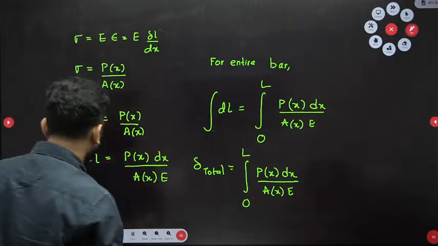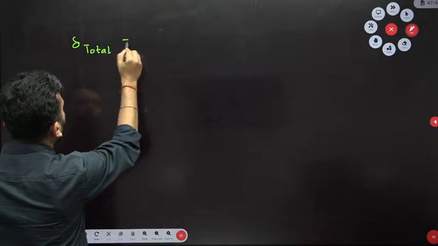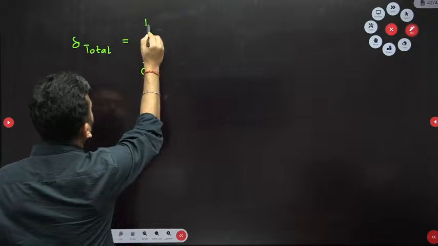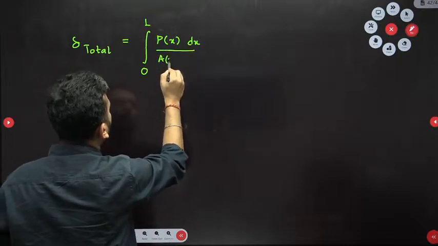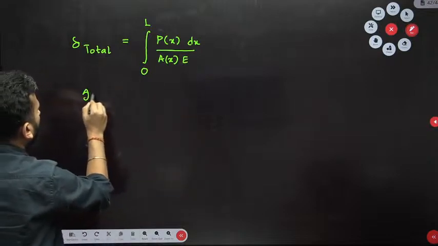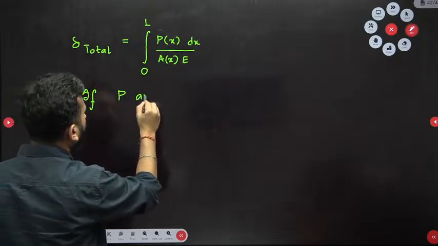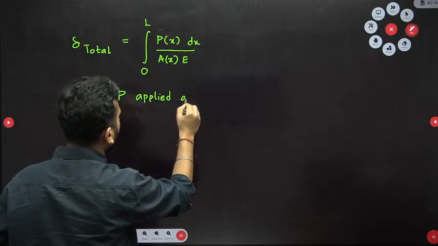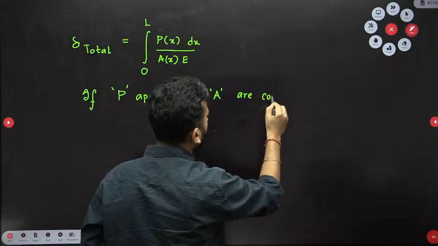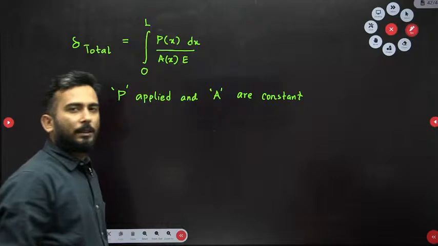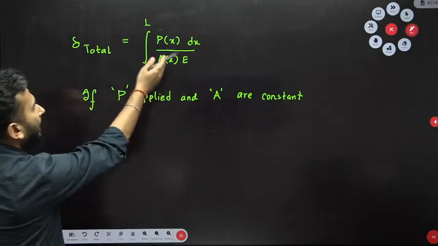Now after this, you know that delta total is integration 0 to L of P of x dx by A of x into E. Now generally in the problems that you will face, if the load applied P and area are constant, that is not changing, that means prismatic bars where load applied is constant, P and A you can simply take out.